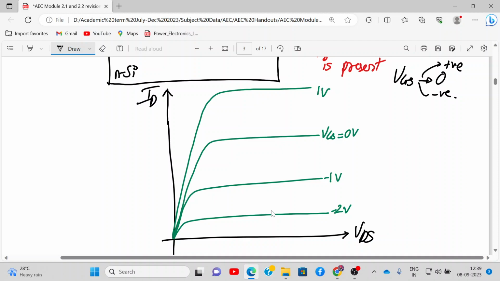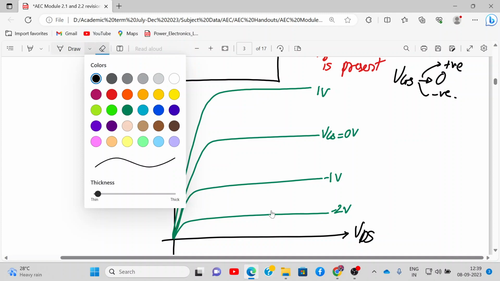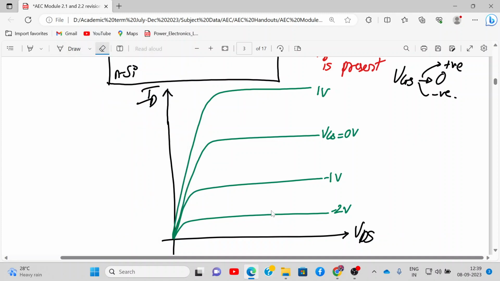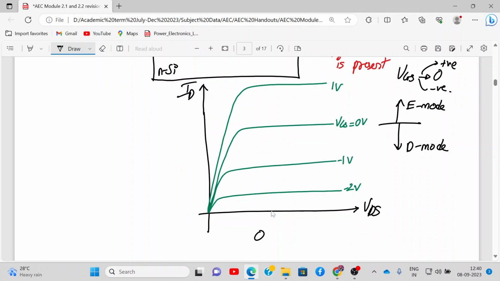All three are allowed. This is the line of bifurcation. Below this line we have depletion mode, above this line we have enhancement mode. When VGS is positive, it works in enhancement mode; this depletion type MOSFET can also work as enhancement mode when VGS is positive. But when VGS is negative, it's working in depletion mode.